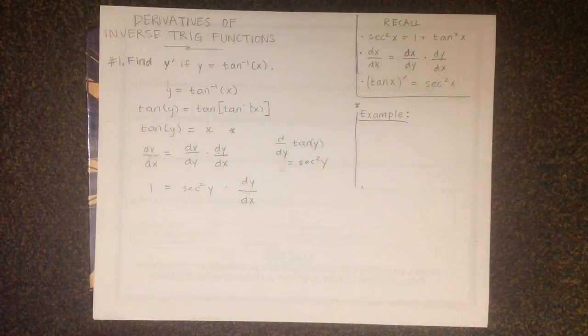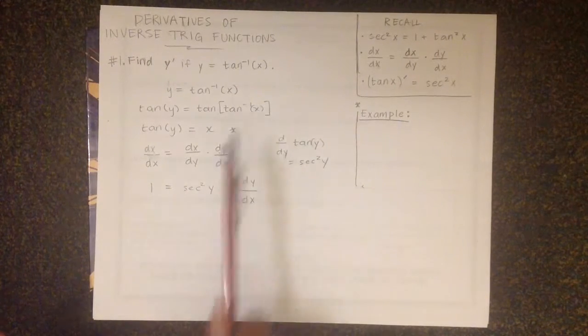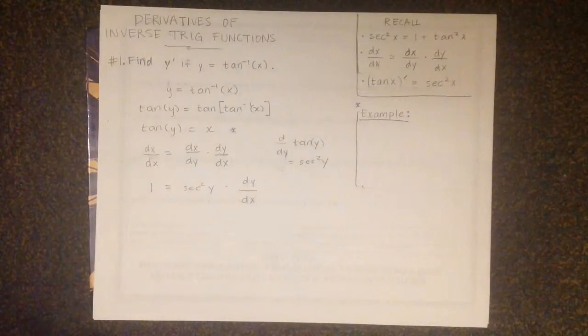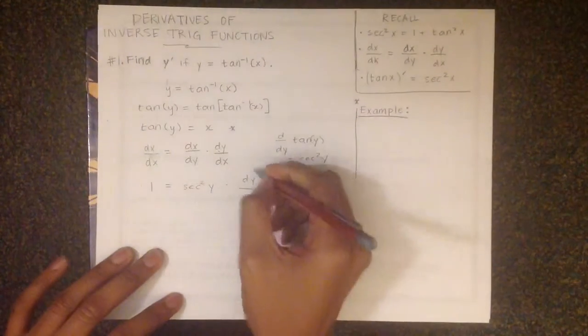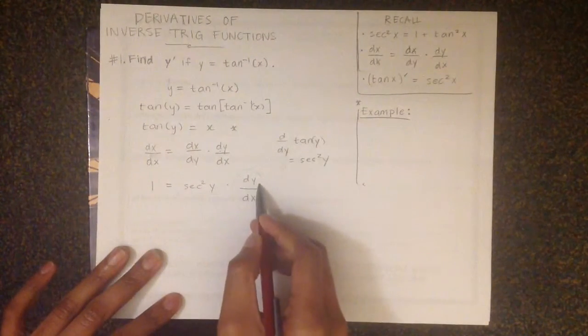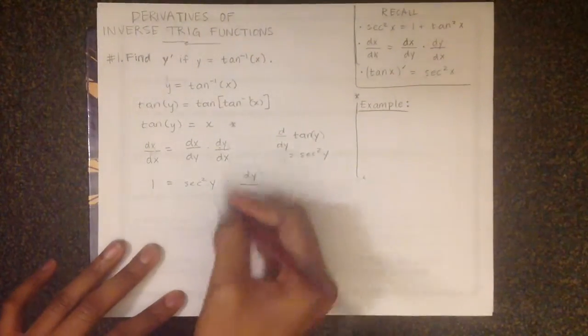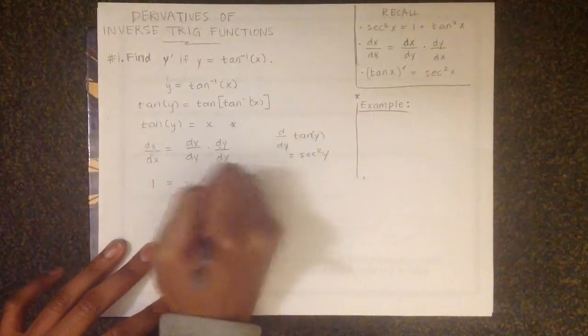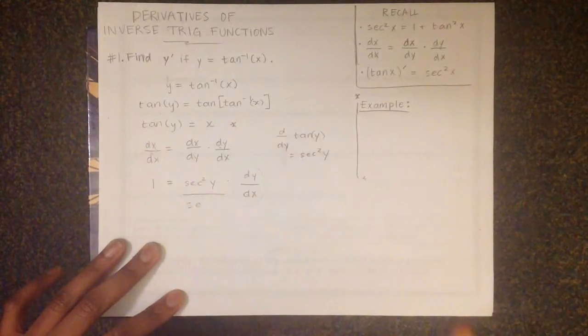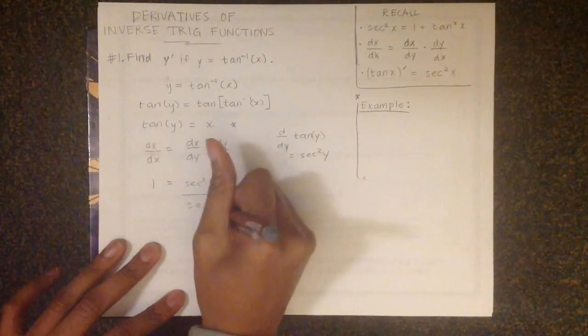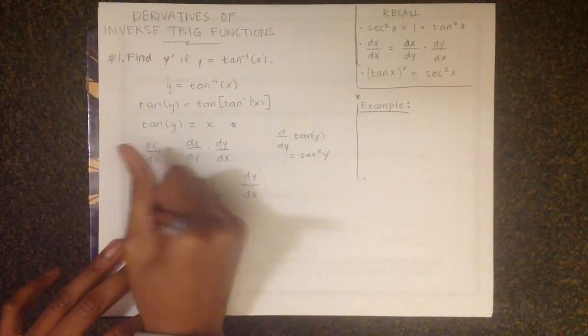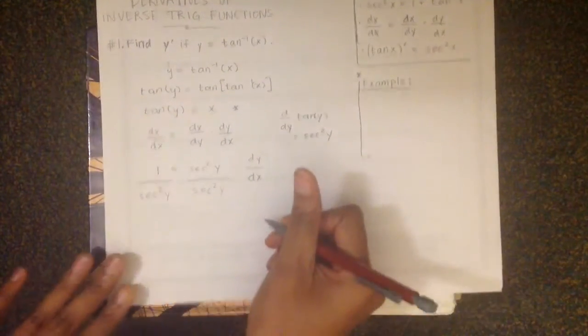Now what we're going to do is recall for a second what we're looking for. We're looking for the derivative of y, which is tangent inverse of x, with respect to x, which means we're solving for this derivative of y with respect to x. So we divide both sides by secant squared y, and this cancels out.